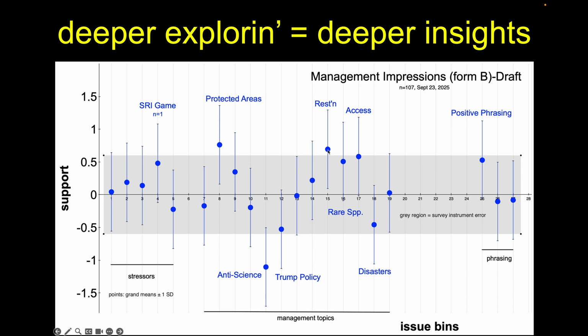Similarly for restoration, things like rare species, coastal access, and how we phrase the question, those are all close to being significant. And maybe once we get the rest of the data entered, we'll see they're significant. On the other side, negative stuff, we see that anti-science policies, any policy that's closely associated with the president himself in the last few months, and things related to disasters, those are generally viewed as pretty negative.